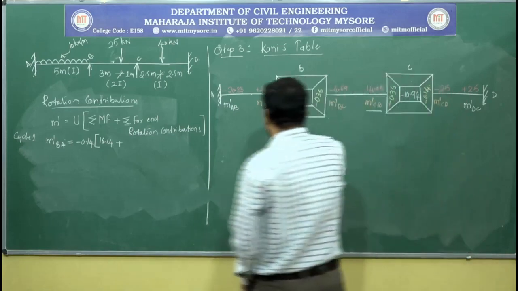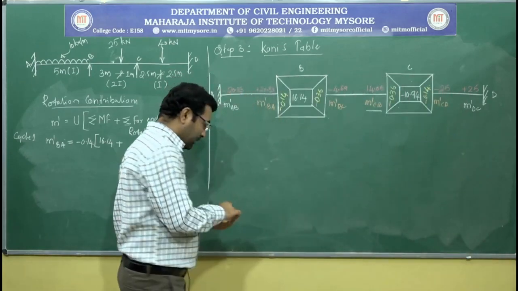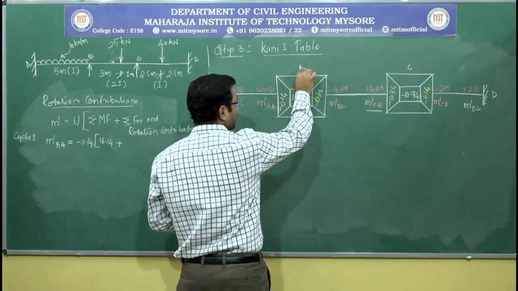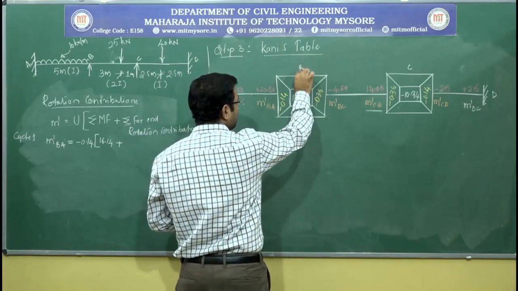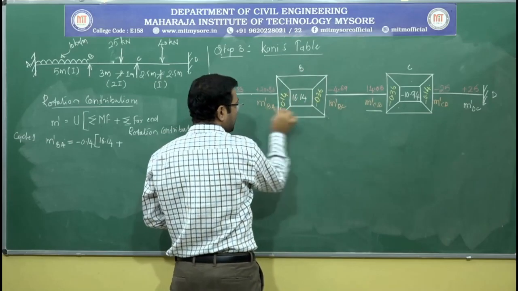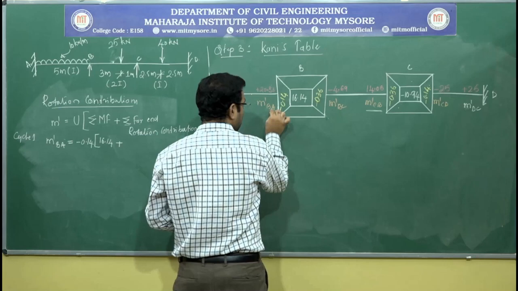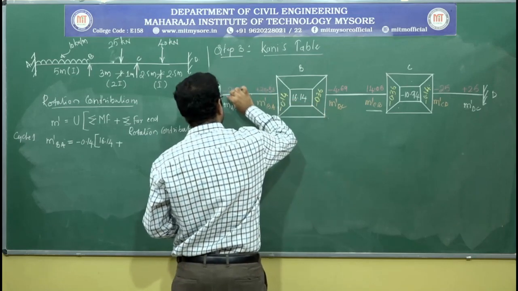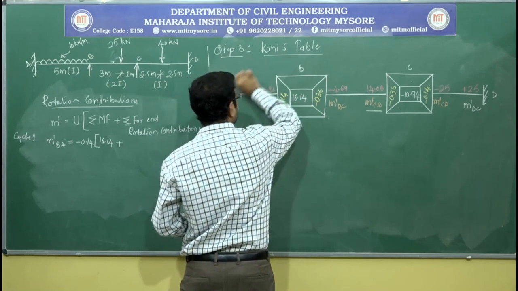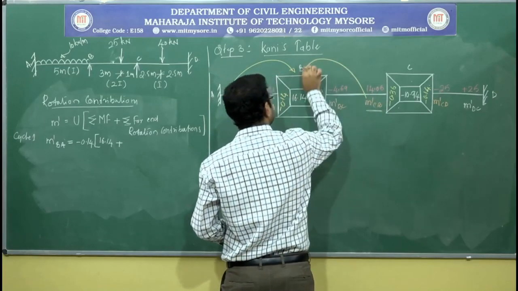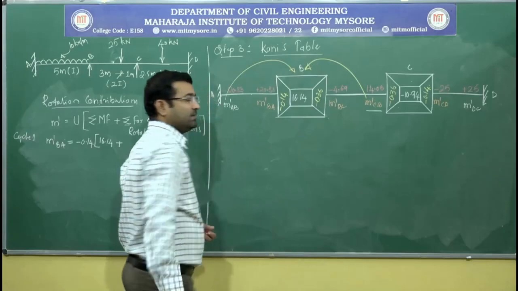So here I will show a simple diagram, it will help you to understand. Whenever we are calculating the values at joint B, that is for BA and BC, to calculate the rotation contribution for these two members, we need to consider these values here. These values we need to use here.